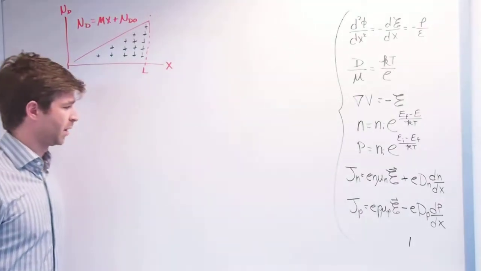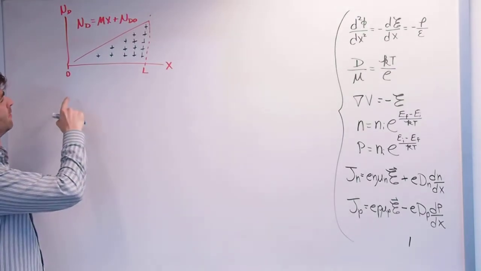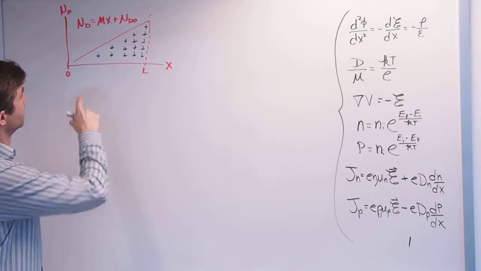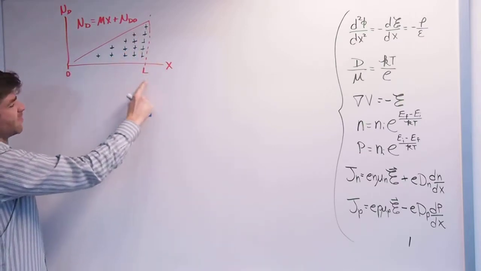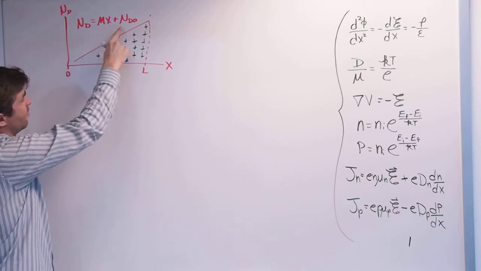So where we left off last time, we have a semiconductor with some non-uniform doping, some non-zero doping gradient that increases across the semiconductor from 0 to some distance L. It's given by this equation, ND equals mx plus ND naught.